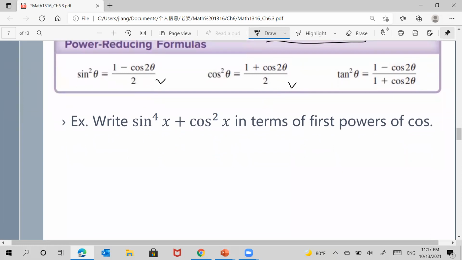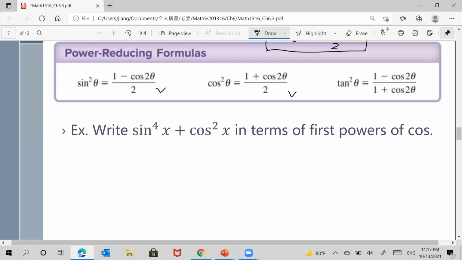Okay, let's use the power reducing formula to solve some problems. The first example: write sine x to the fourth plus cosine x squared cubed in terms of the first power of cosine. That means we need to get rid of the 4 and get rid of the 2.